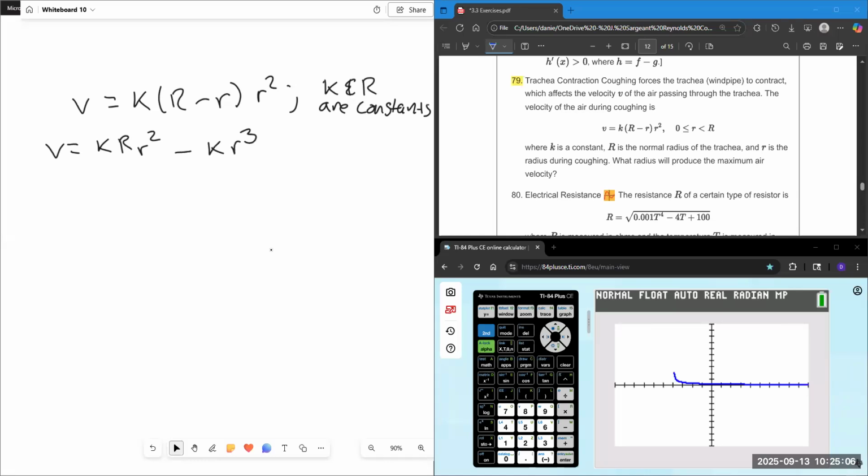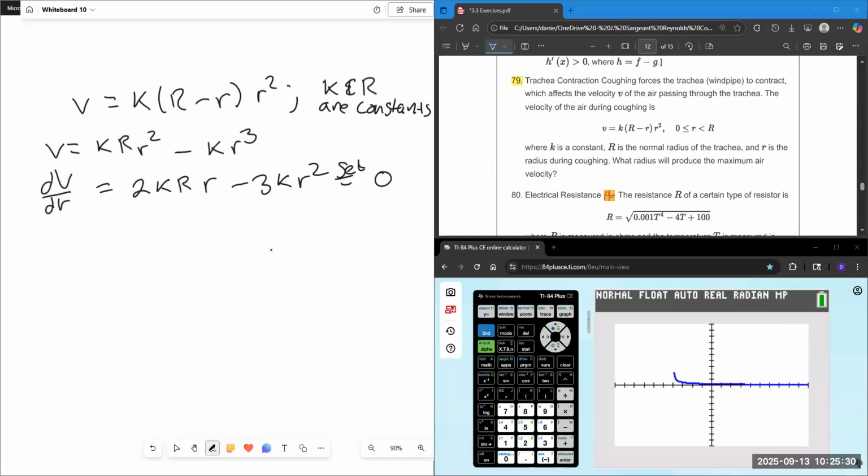It's just going to make it easier for me to find the derivative here with respect to r. So dv, with respect to little r, just to be clear what I'm differentiating with respect to, is 2k capital R little r minus 3k little r squared. Going to set that equal to 0.